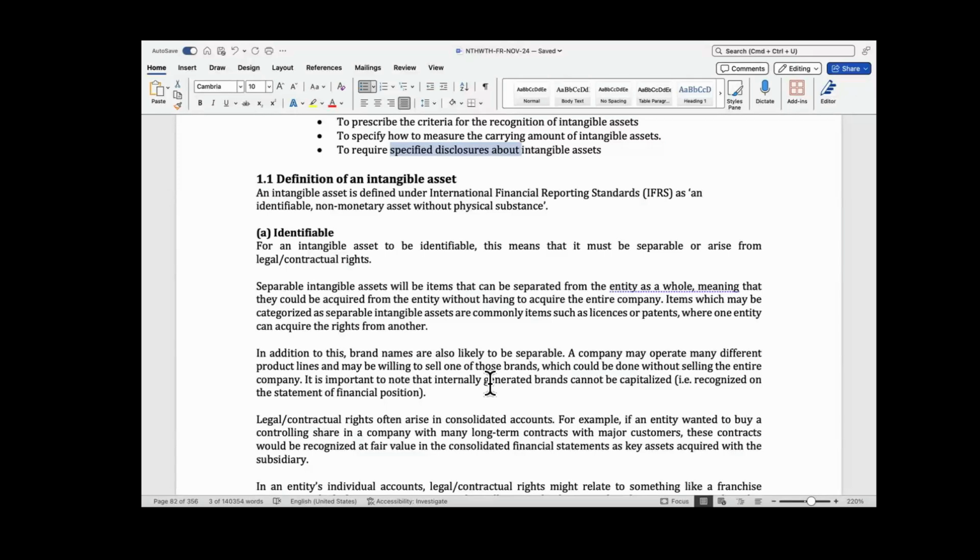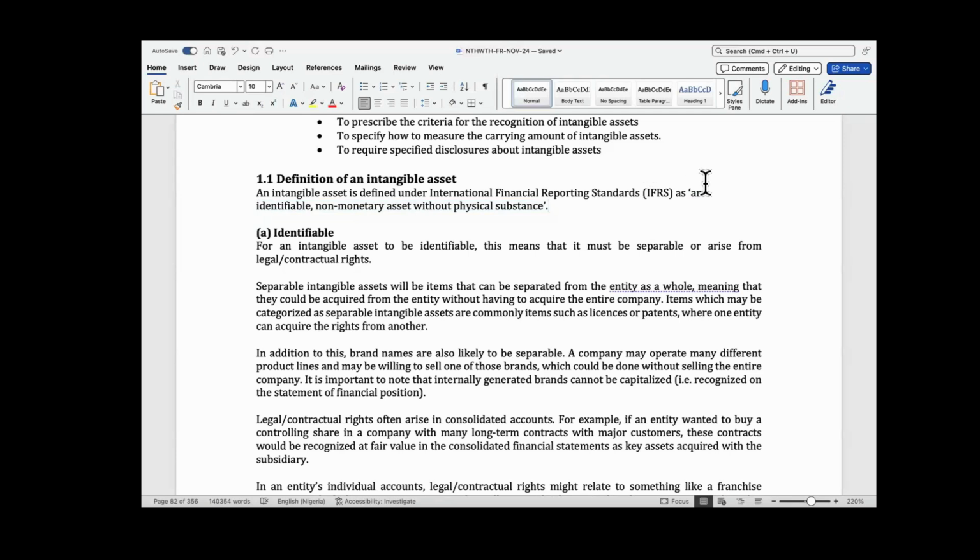According to IAS 38, it says that an intangible asset is an identifiable non-monetary asset without physical substance. So this is a definition you have to know. So let's break it down and see if it's going to make sense.